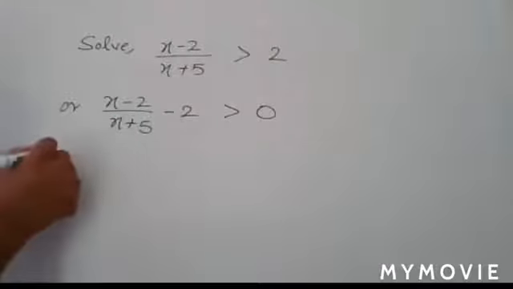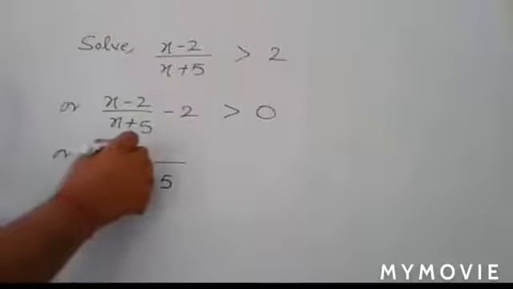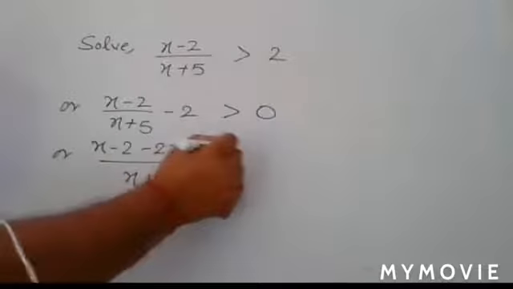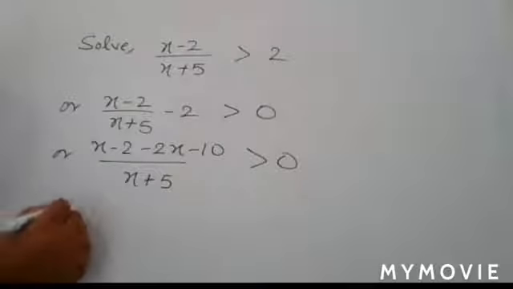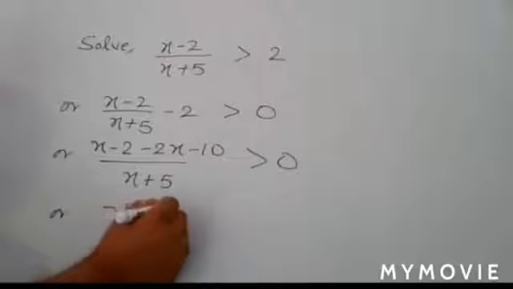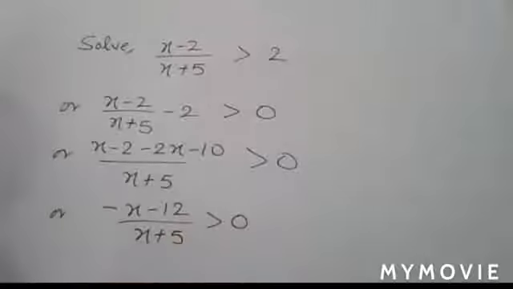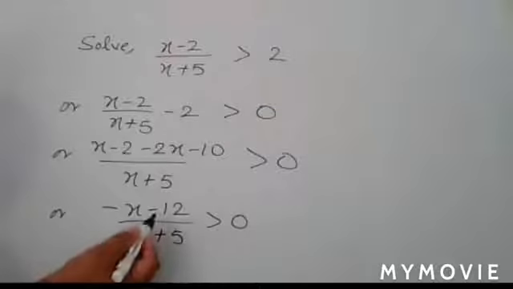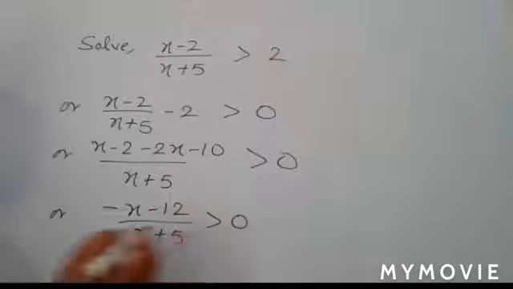You write it this way and taking the LCM, you have x plus 5. Here you have x minus 2 minus 2x minus 10 greater than 0. So what you have: (minus x minus 12) upon (x plus 5) greater than 0. If you take minus common and remove it, then what happens? The sign of the inequality is also changed. Understand?